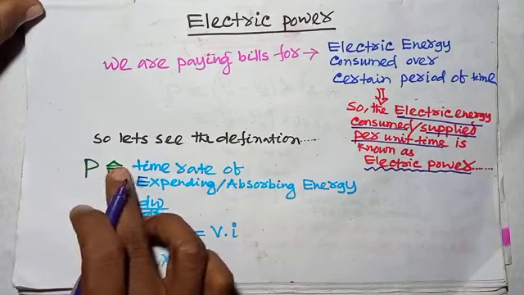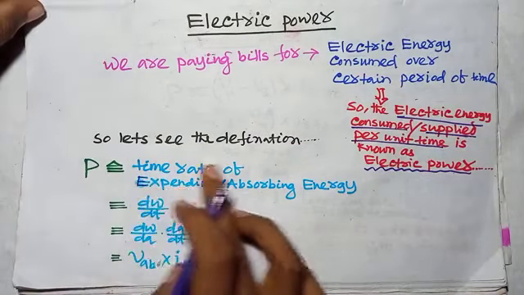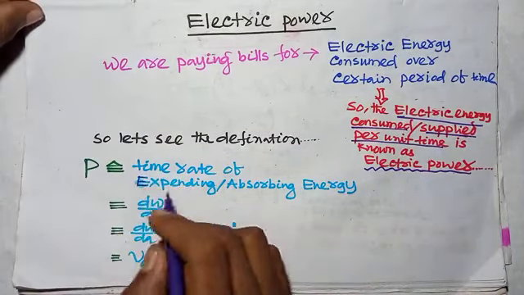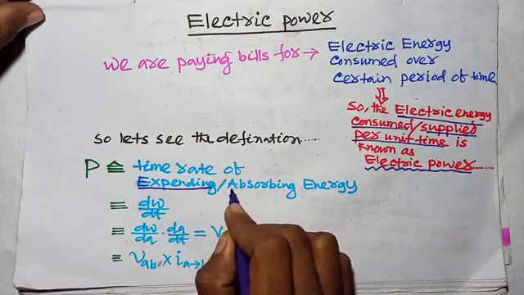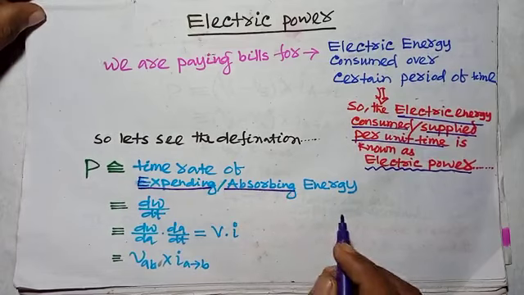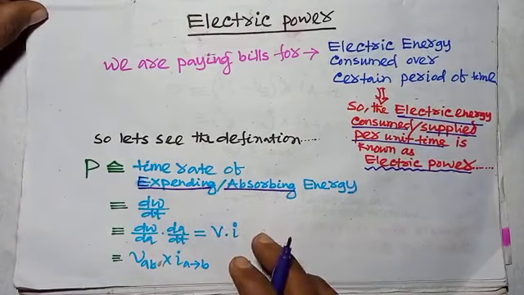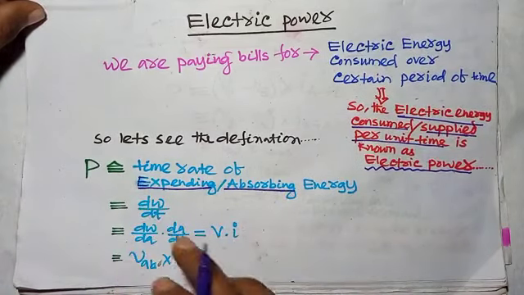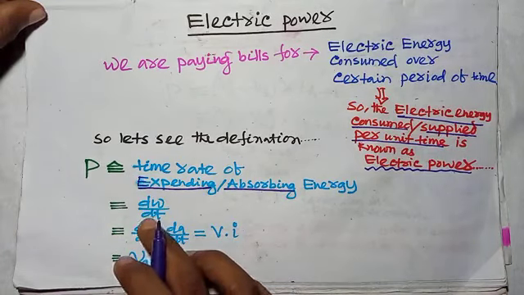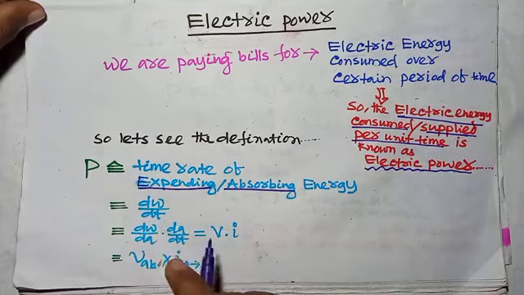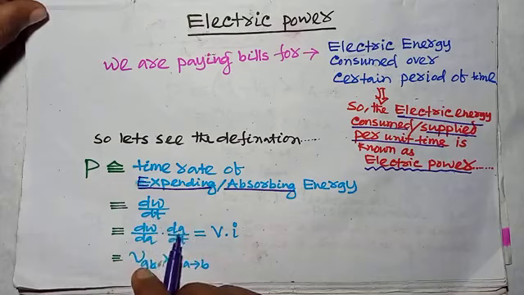Power by definition is given by the time rate of expending or absorbing electrical energy. It is given by dw upon dt, which can also be written as dw upon dq multiplied by dq upon dt.